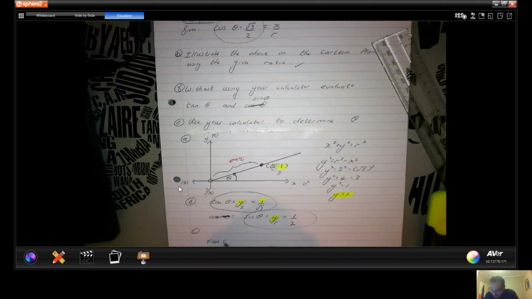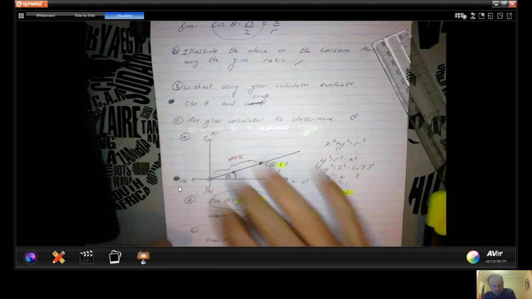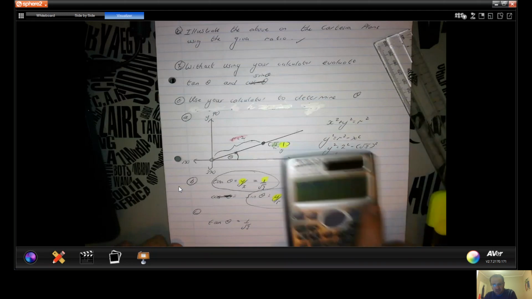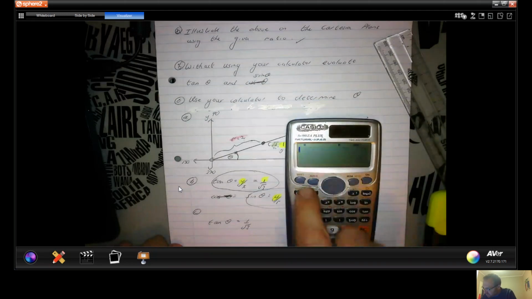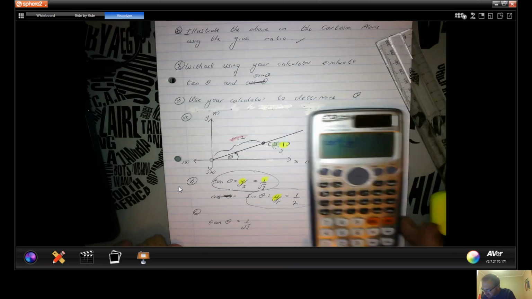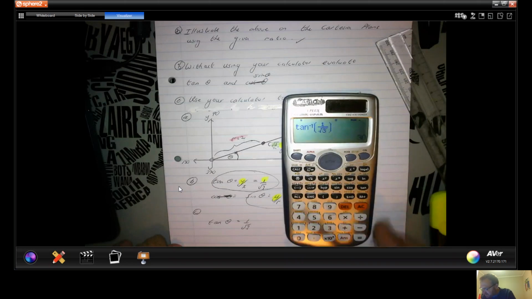So I know that for this angle, tan theta is equal to y over x, which was 1 over root 3. To find an angle, remember, I go shift tan to the negative 1 of 1 over square root of 3. I should get an answer of 30 degrees, and it is.